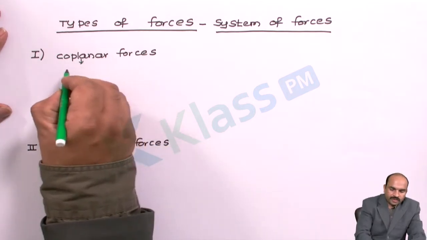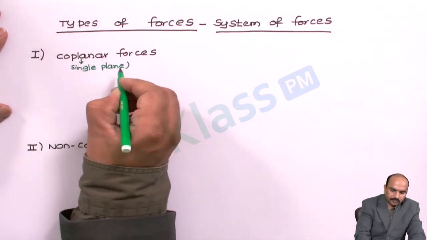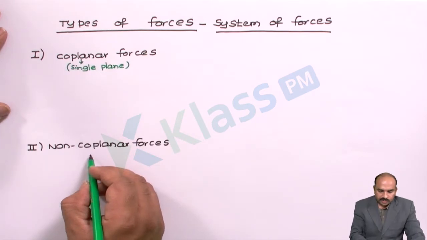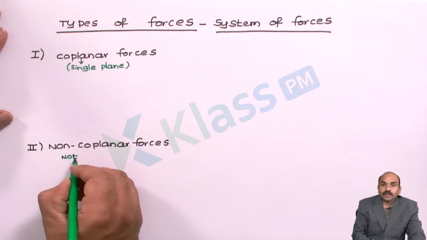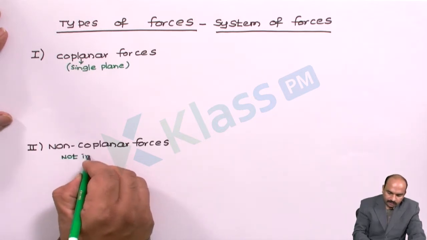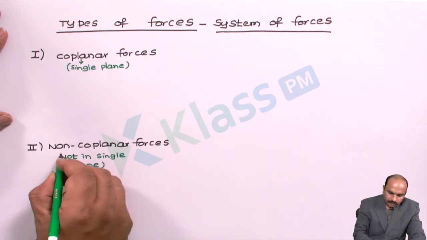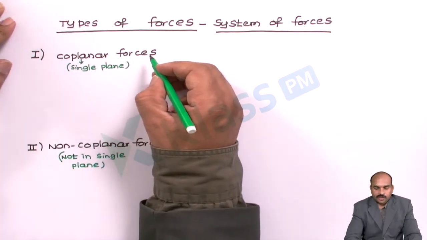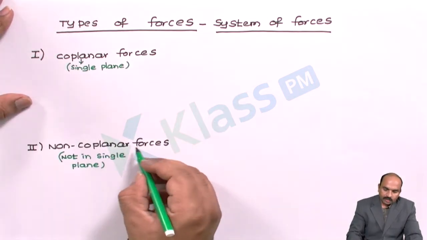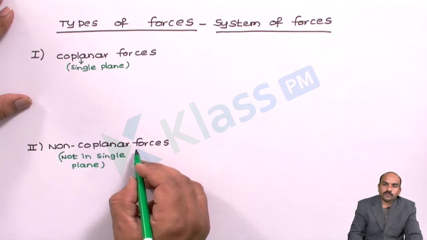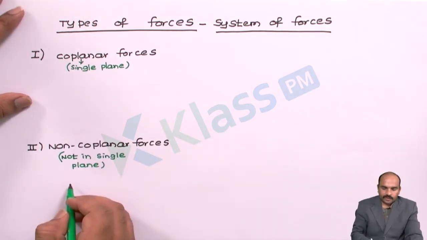Coplanar means it is a single plane. Non-coplanar means there are different planes, not in the same plane. Coplanar forces means all the forces are in a single plane. Non-coplanar forces means all the forces are not in a single plane, they are in different planes.